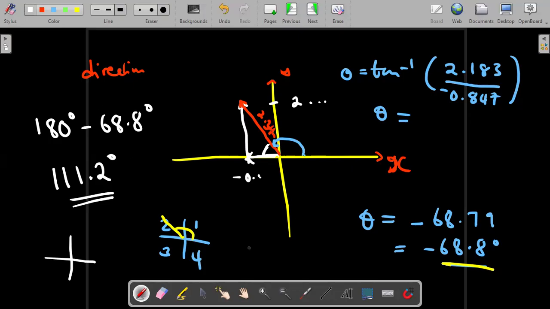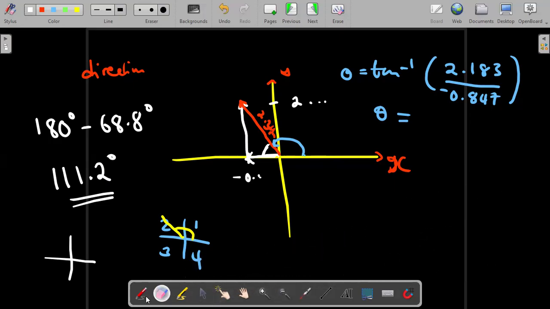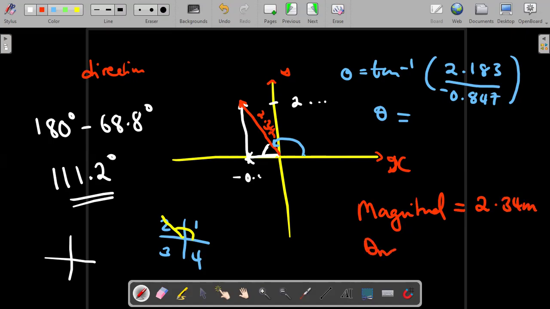So the conclusion of what we found, let me just write it clearly down here, and I write it in red. The magnitude we found to be equal to 2.34 meters, and we found our direction to be equal to 111.2 degrees.